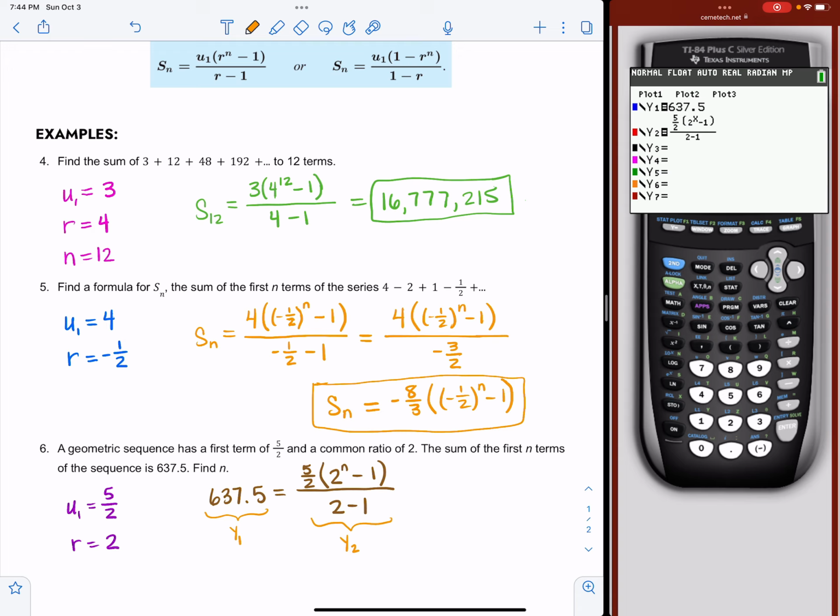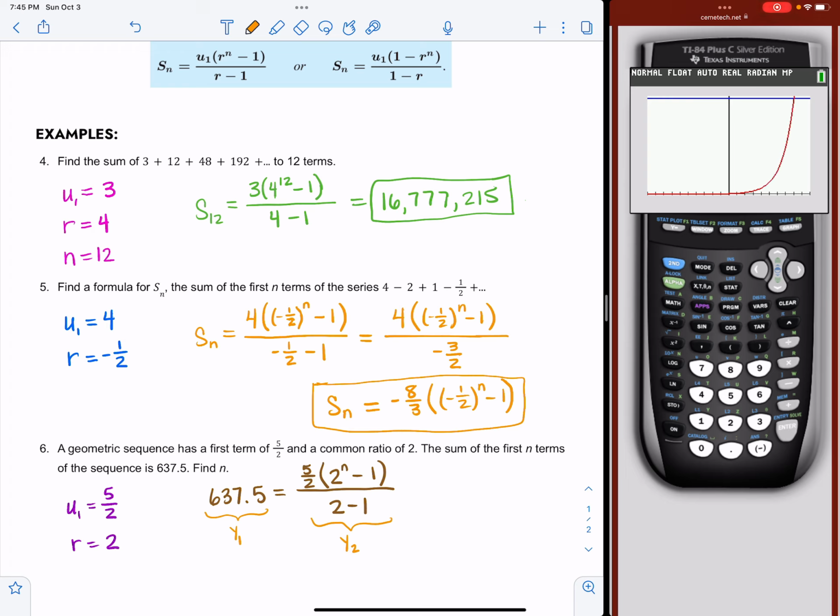We don't have the graph of y equals 637.5. Because y equals that amount, we can change our window and change our y maximum to 650. Once we graph it, we wait for the graph to pop up. Now I see that blue line, and we're going to see where that red line touches the blue line.